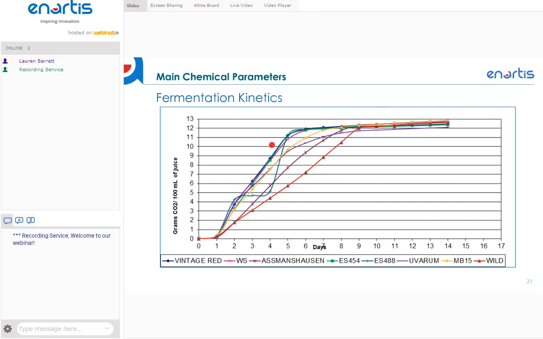The second slowest fermenting looks like Assmannshausen, which, for those who have used it in the past, is a characteristic of the yeast, a kind of longer fermenting yeast.